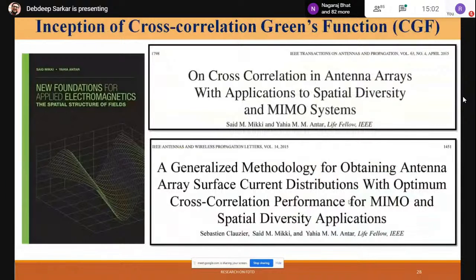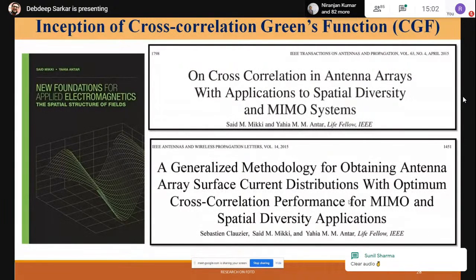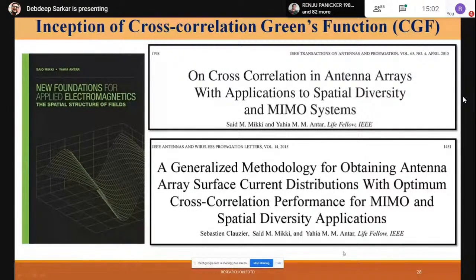That was one of the key things that Saeed and Professor Antar, Dr. Saeed Miki, who was a postdoctoral fellow at that time, worked on. He formulated this cross correlation Green's function that connects the current in the system to the radiated fields. So these are some of the papers you can download and keep track of to understand the basic concept.